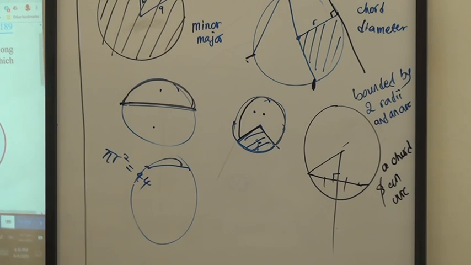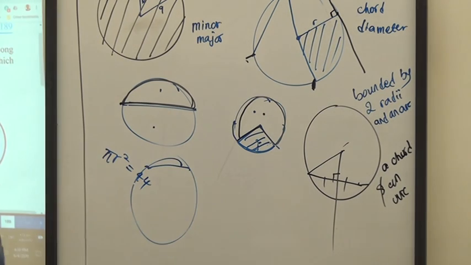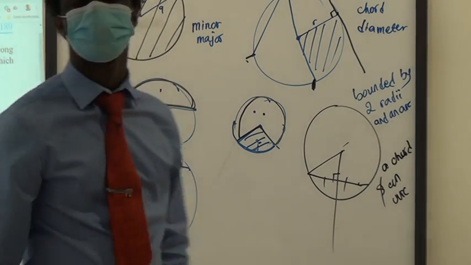So, after this, I'd like to discuss the semicircle, which of course everybody knows as half of a circle. Then I'd like to ask a question. Is a semicircle a sector, a segment, or none of them, and why? We know a semicircle is half of a circle. Is it a sector, is it a segment, or none of them, and why?